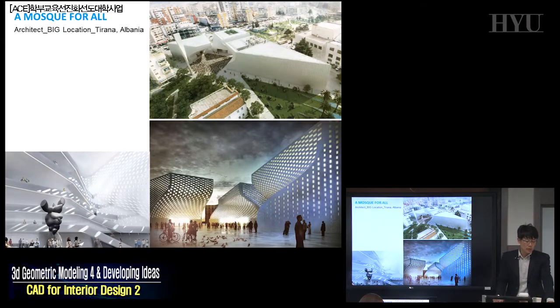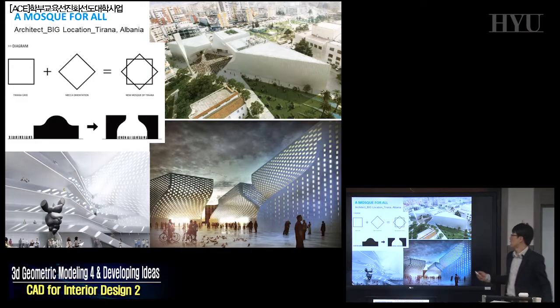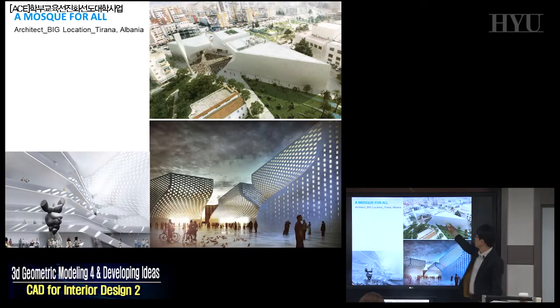And next example, a Mosque for All. This is a regional space for specific religions. But take a look at this diagram. When you see this building, what do you feel? How can you figure out the building mass or geometry?